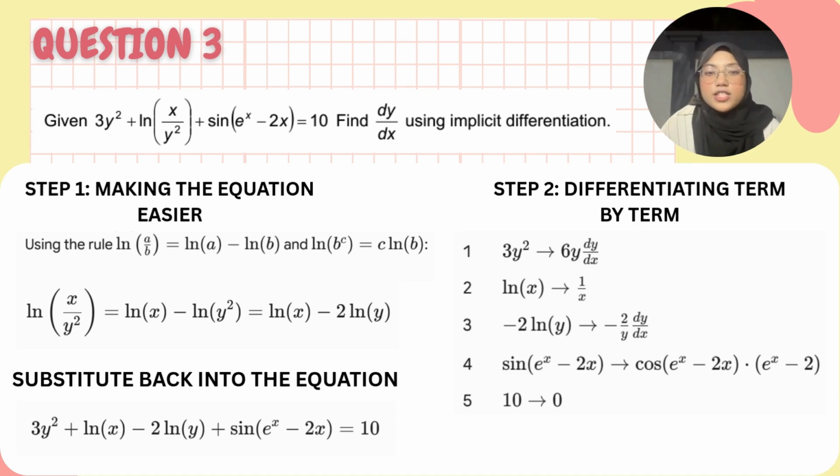Fourth, for the sine term, we use the chain rule. The outside becomes a cosine, so we say cosine of e to the x minus 2x, and then we multiply it by the derivative of the inside, which is e to the x minus 2. Finally, the derivative of the constant term on the right side is just a 0.